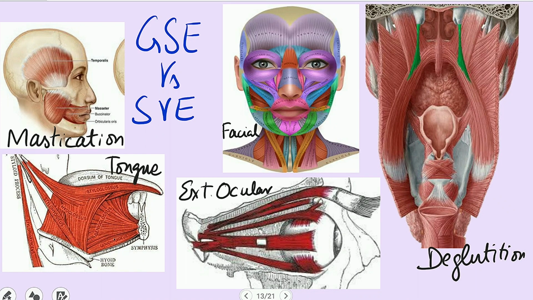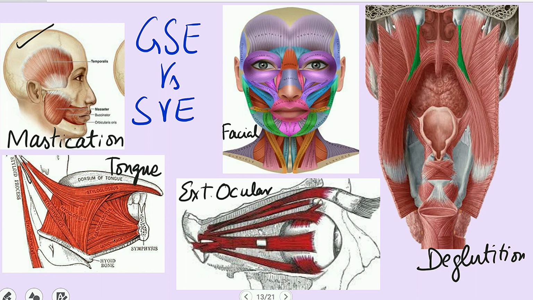Look here, these are the muscles present in the cranial region, and the majority of students are confused about which muscles come under the general somatic efferent and which come under the special visceral efferent component. These are the muscles of mastication, the muscles of facial expression, and the muscles of deglutition, which involve the muscles of the palate, pharynx, and larynx.